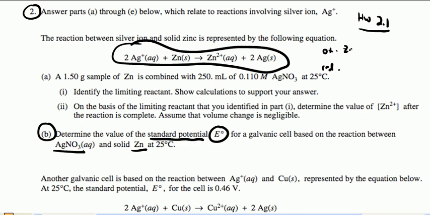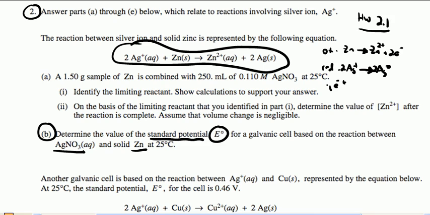In the oxidation half reaction, Zn is going to Zn2+ plus 2 electrons, it's losing them. And in the reduction half reaction, Ag+ is going to Ag0, gaining 1 electron, and they actually have this already balanced for you there.